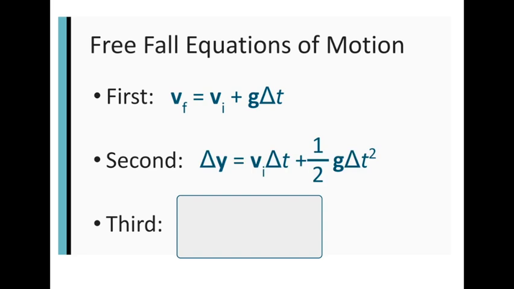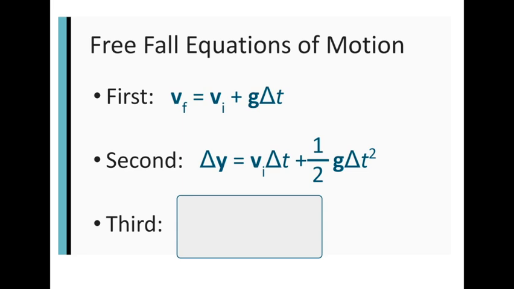If we look at our second equation, now this has a change in y, and I'm going to tell you why it has a change in y. You are welcome to leave it as x, because I feel like we've been using x over and over for it. The reason is because when we're talking about gravity, it's constantly moving up or down on the y-axis, right? Whereas other motion, like a train moving, can be moving this direction, right? We don't really have an axis, so to speak, but gravity does have an axis.